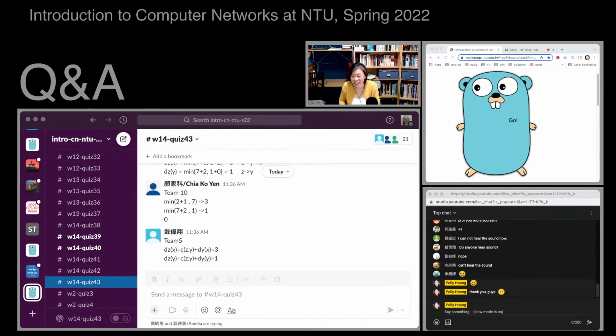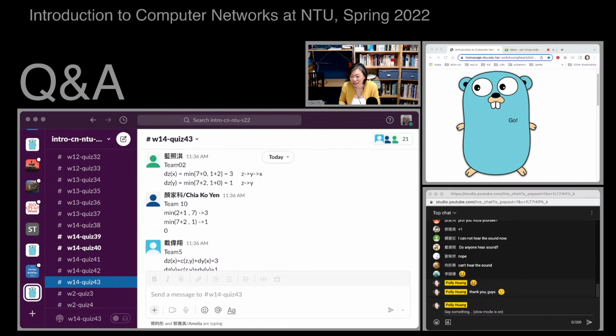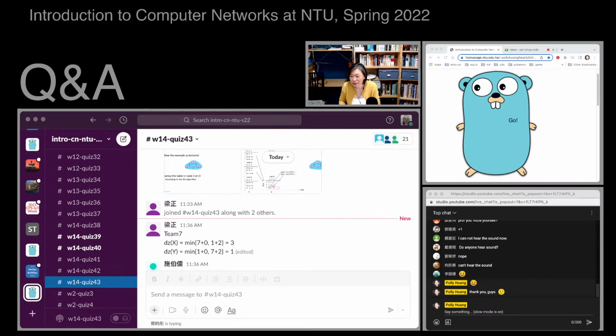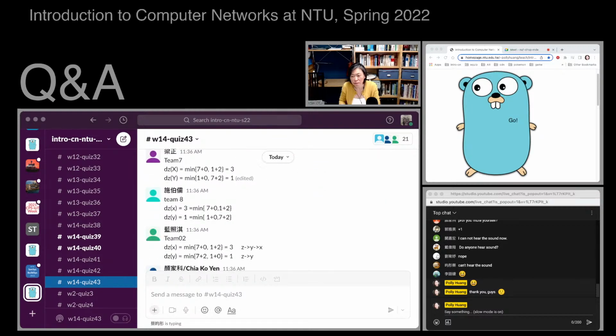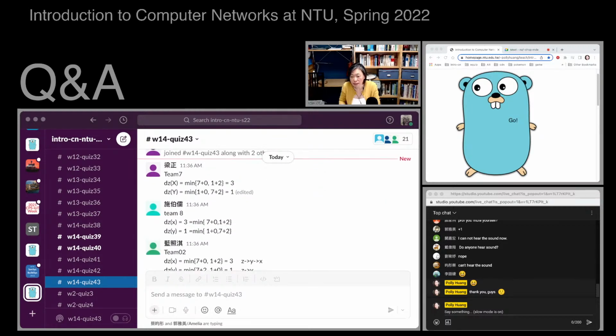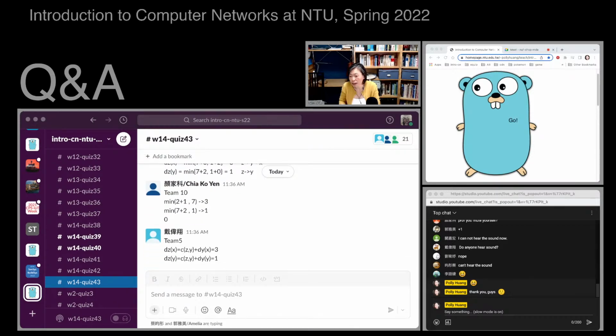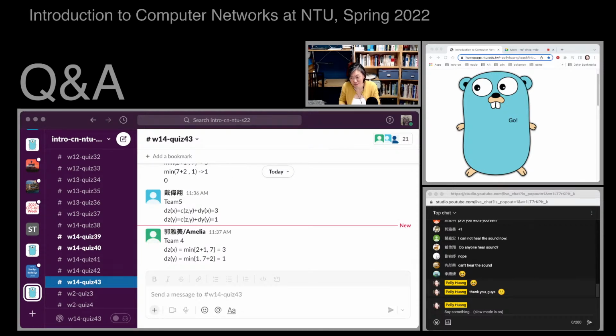Well, what am I kidding? You guys seem to pick this up very well. But you know what? Team 7, Team 8, Team 2, Team 10, and Team 5, try if you can calculate dyx and dyz for y's table.